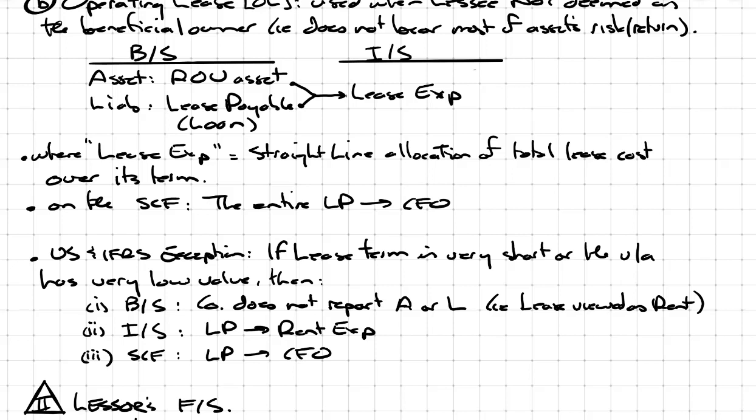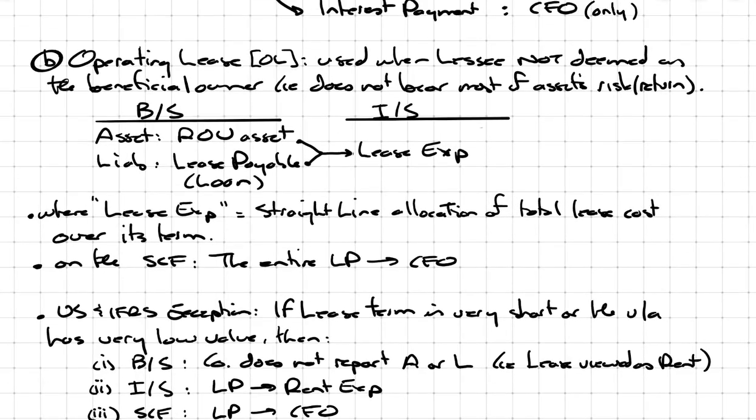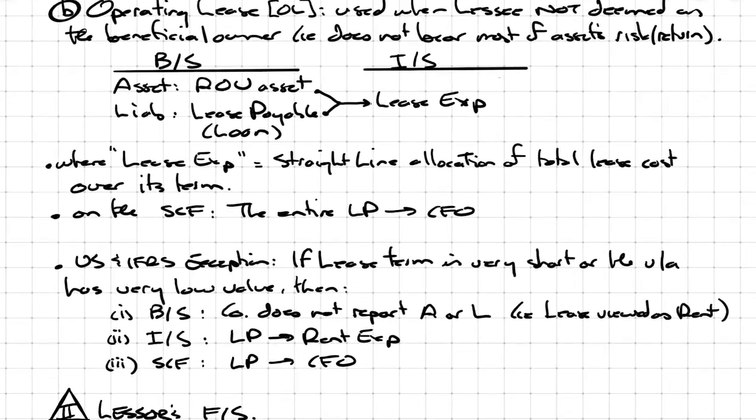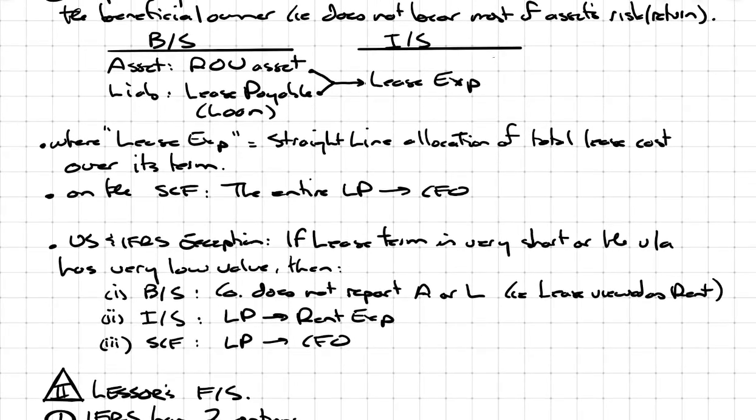So basically, you would add up all the lease payments over the 10 years. So that would have been, we said 10 years, 5,000, so that'd be 50,000. And we would actually expense that over the life of the asset, or over the term of the lease, I should say, okay? And on the statement of cash flow, the entire lease payment would be operating.